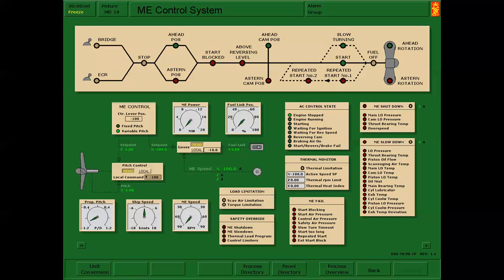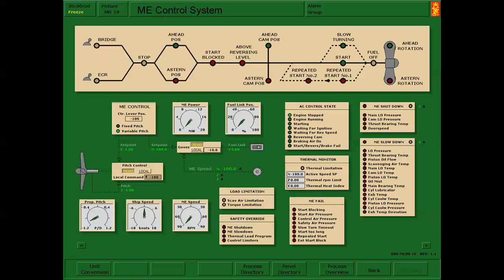Once the RPM comes up to a certain preset limit, it applies fuel by taking the pneumatic signal off your puncture valves, shuts off the start air to the engine, and waits so many seconds to see if the RPM has come up or slowed down. If it's slowed down, the engine didn't fire, so it goes to a repeat start. Repeated start number 1 is the second time the engine has tried to start. If it fails again, it goes to repeat start number 2.